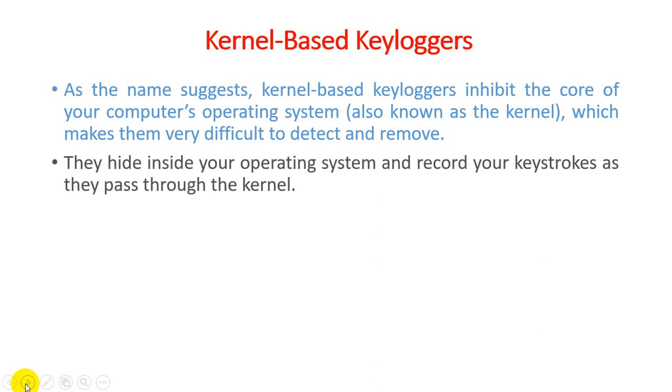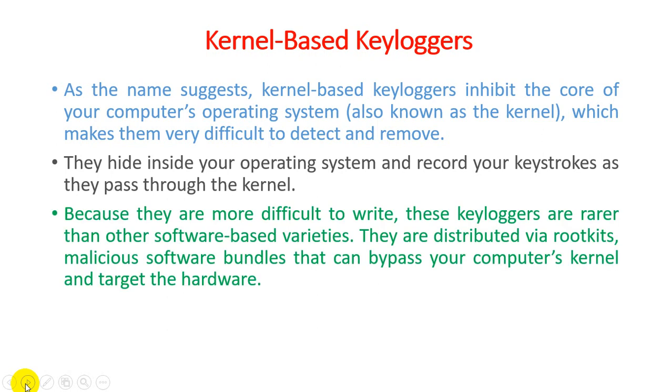They hide inside your operating system and record every keystroke as it passes through the kernel, because we know that whatever process happens in a particular system must go through the kernel. Without the kernel, it can never happen. So each and everything performed on a particular system goes through the kernel at a single time.